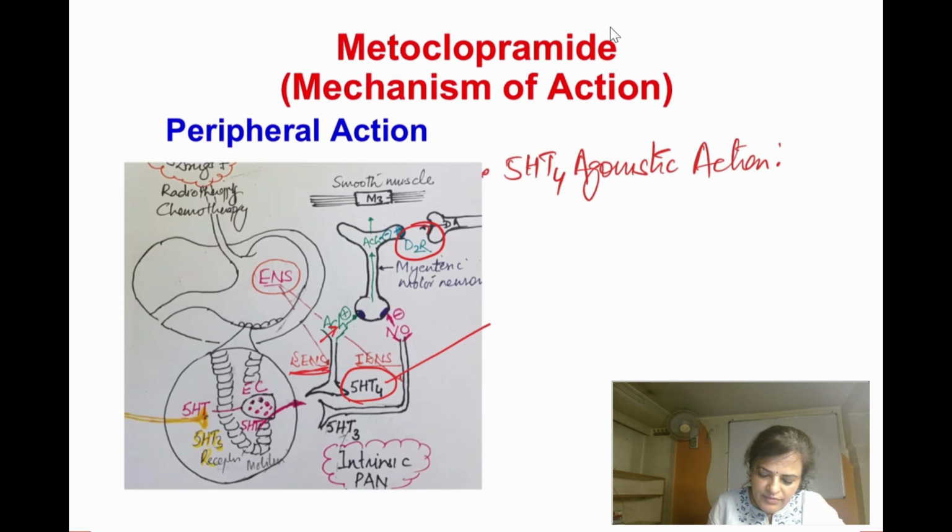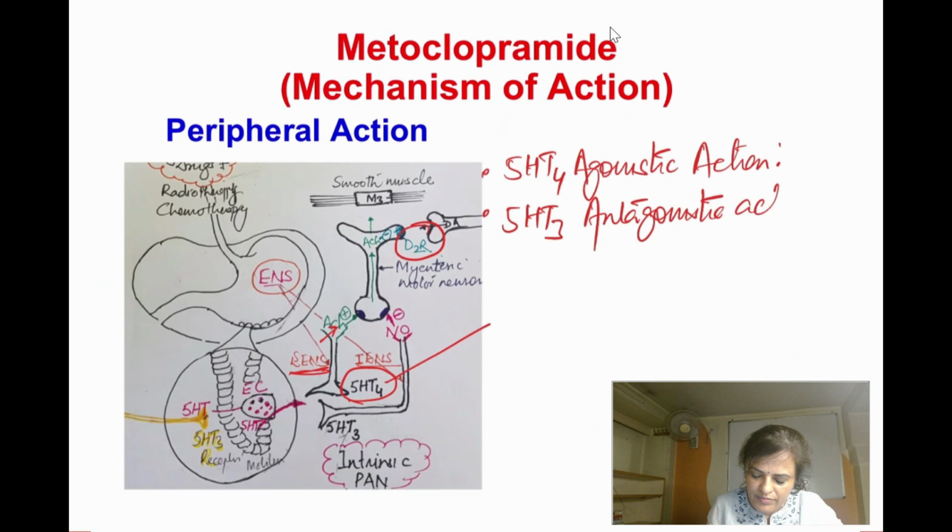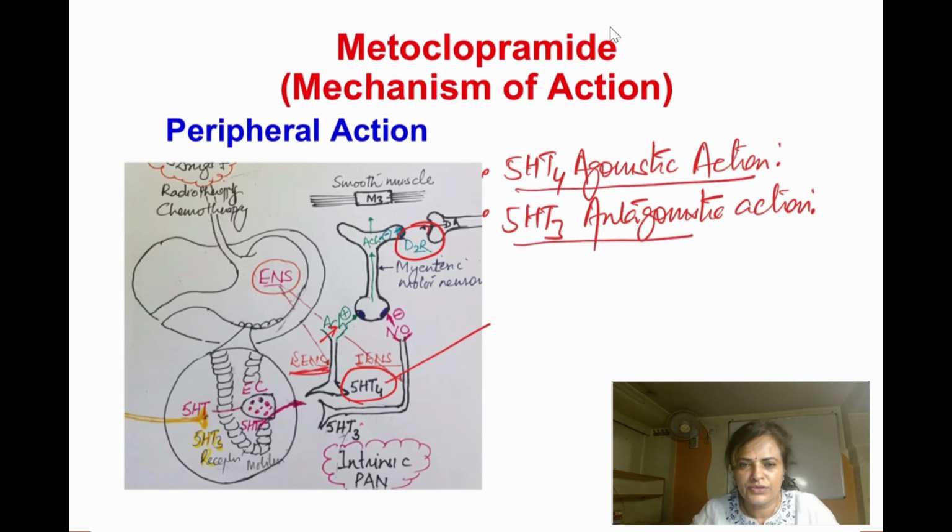Then it causes 5-HT3 antagonistic action. This is a weak, mild action. So what is it going to cause? It is going to cause relaxation, but it is a mild action. Ultimately it is going to facilitate the 5-HT4 agonistic action by having this weak action.